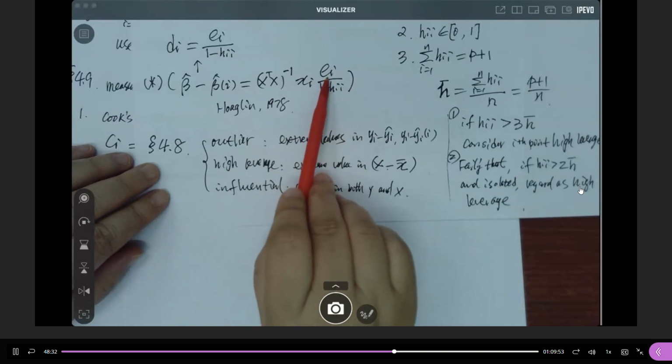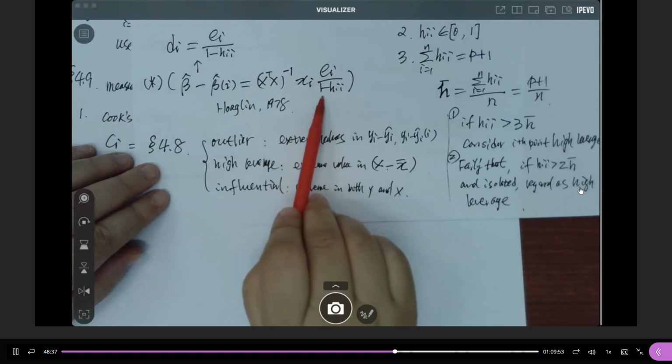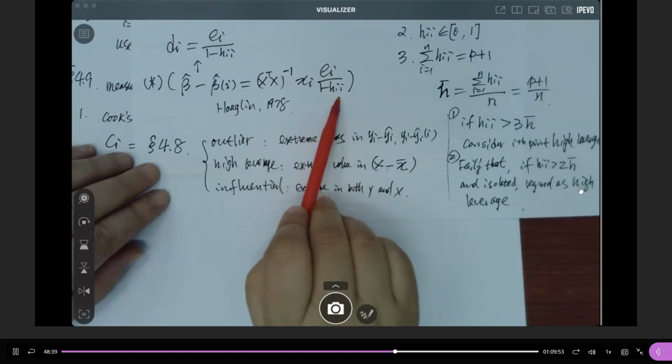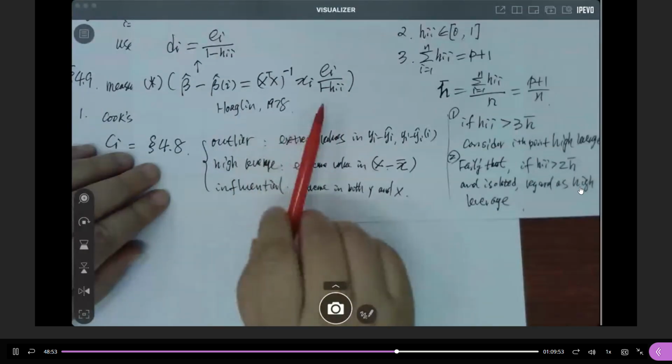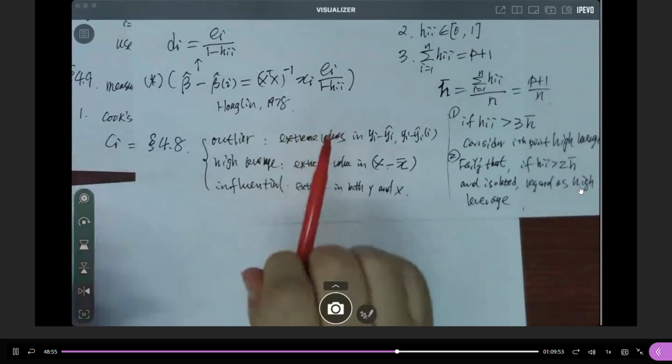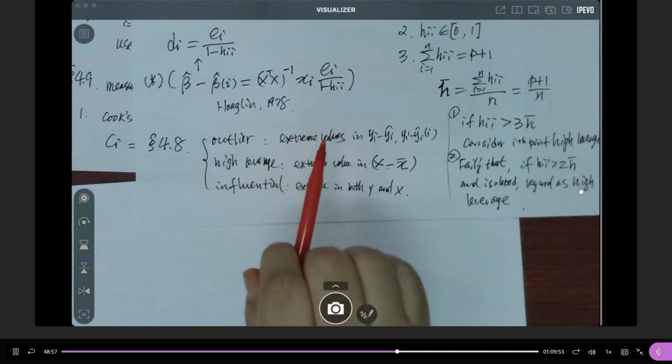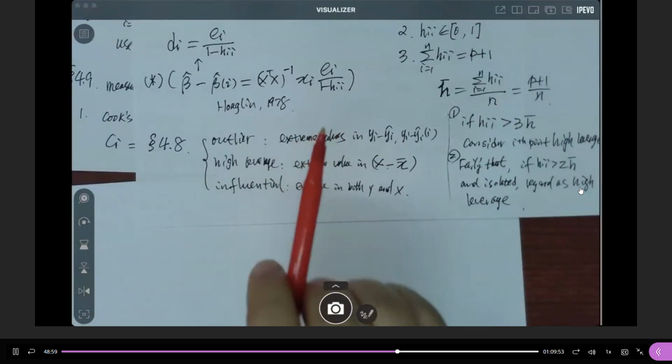What does e_i measure? Extremeness in y. What does h_ii measure? It measures how far x_i is from x bar, right? x_i minus x bar. But h_ii has a minus here, and it's also in the denominator. So 1 minus h_ii together shows how extreme it is in x, right?